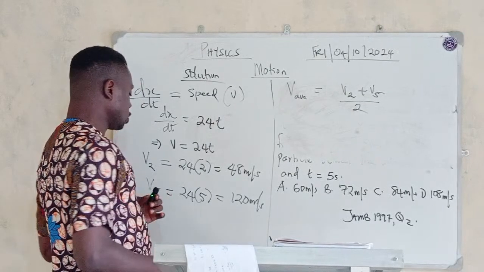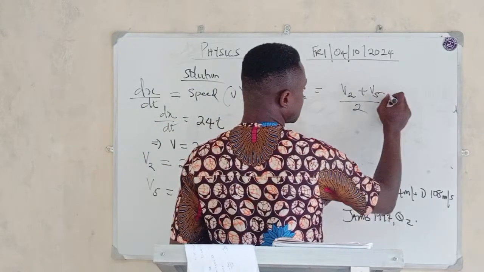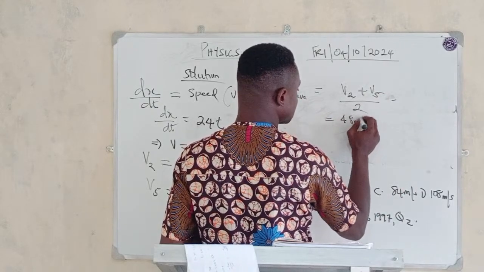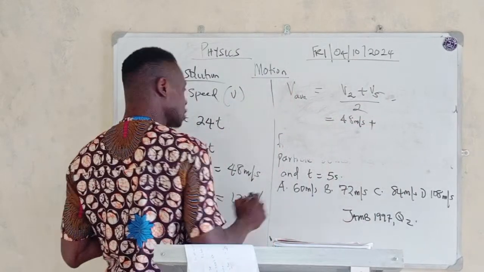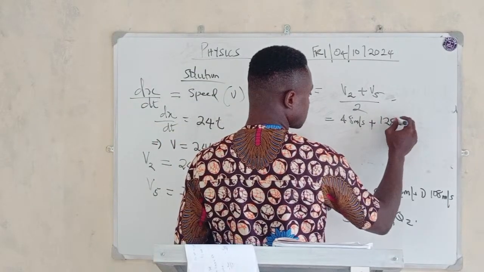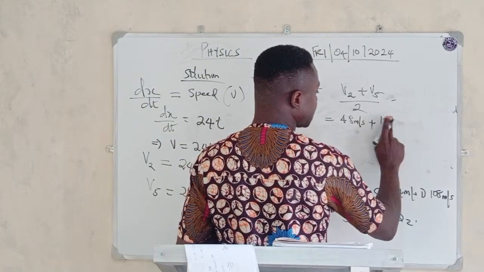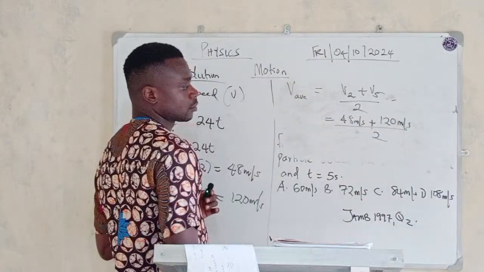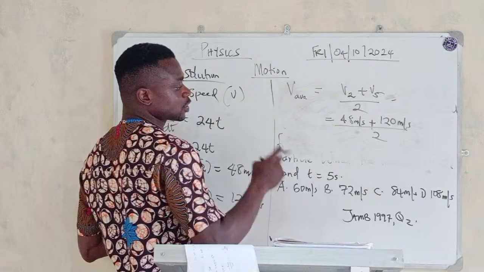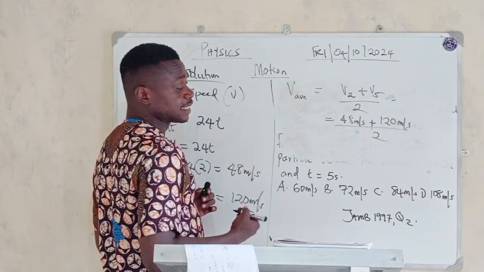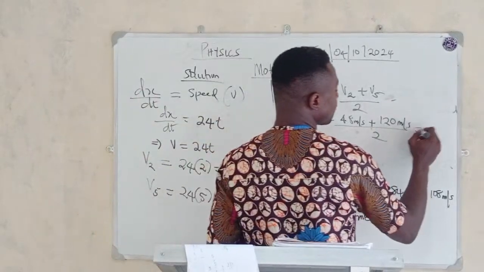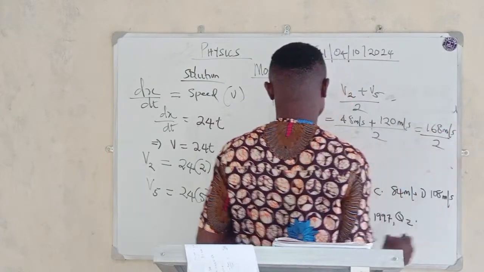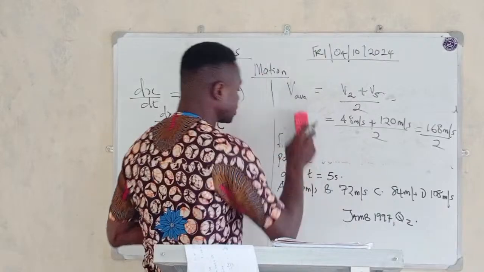Here V2 is 48 meter per second, plus V5 is 120 meter per second, over 2. 48 plus 120 is 168. So we have 168 meter per second all over 2.